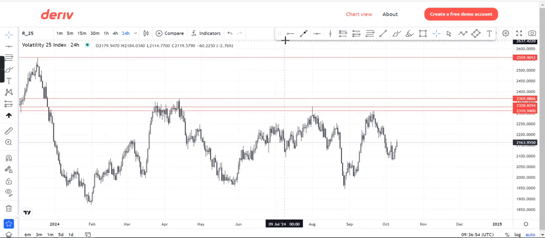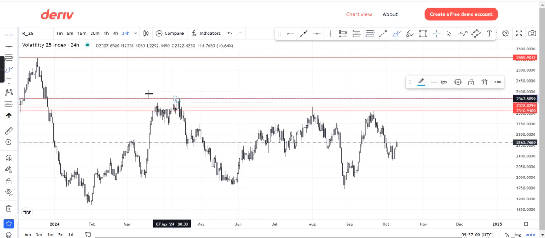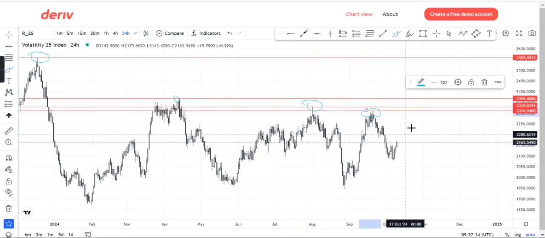Basically, all of these levels are highs that have been tested, and we are looking at creating new levels to take entries from.